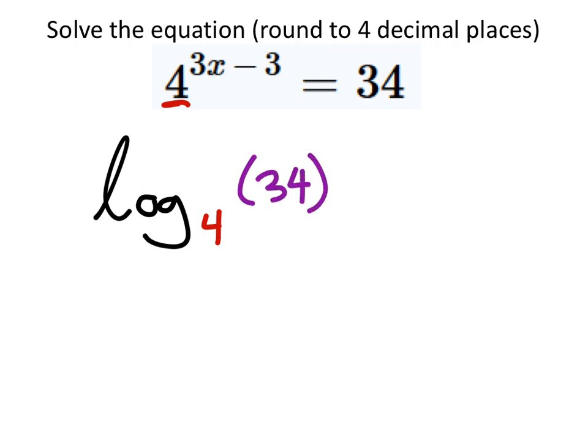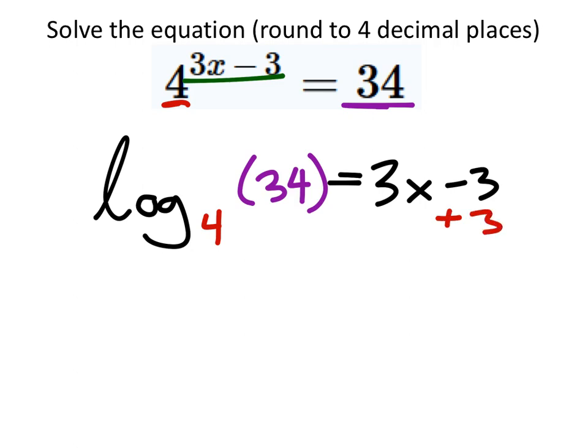And then the exponent, that's what this will equal, 3x minus 3. Now, you can find that logarithm using the change of base property, but I'm going to wait to do that so I can plug it all into my calculator once. Which means that for me, I'm going to start by adding 3 to both sides of this equation.